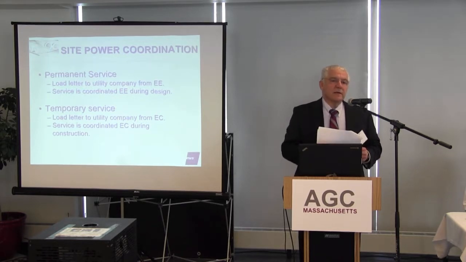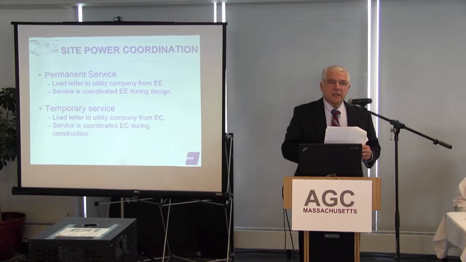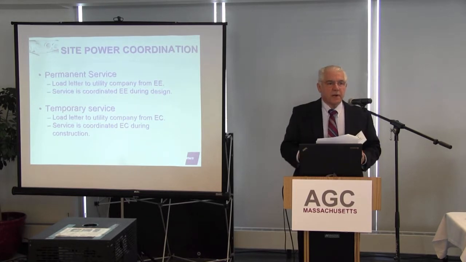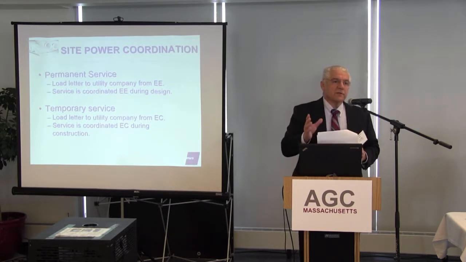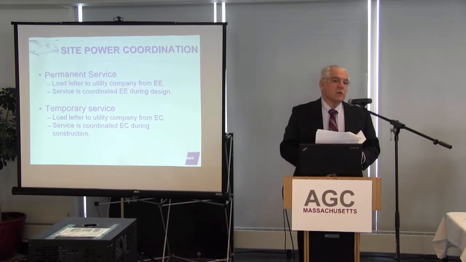The utility company makes the splices on the pole with the transformer at the high voltage lines, and they make the connections on the primary side of the transformer. The electrical contractor will run the secondary service from the secondary side of the transformer into the building. They'll purchase and pull those conductors, and they will make those splices and so on.